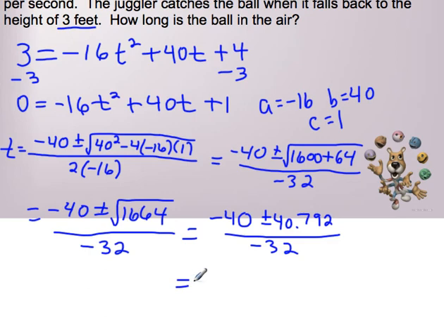Okay? We need to think about signs. If I take negative 40 plus 40.792, that's going to give me 0.792 over negative 32. Now, before I even worry about doing the math for that, that's going to be a negative answer. I'm not going to have a negative time. So that one's out right now, okay?